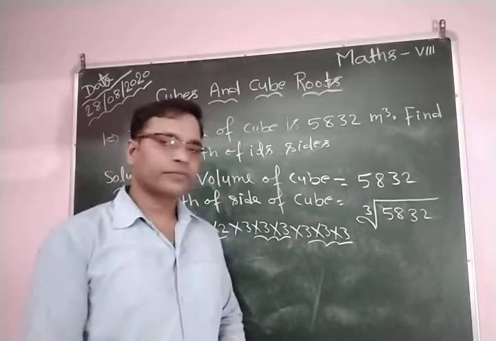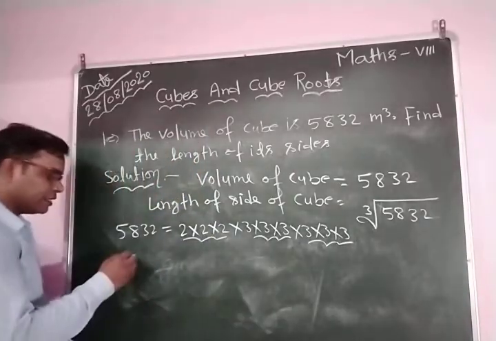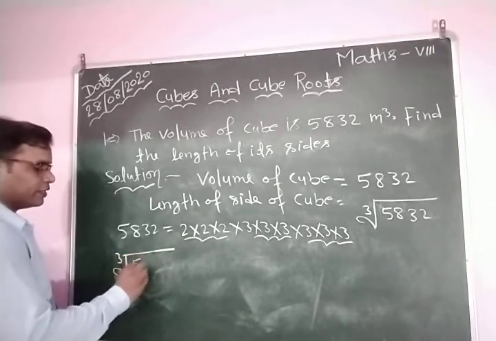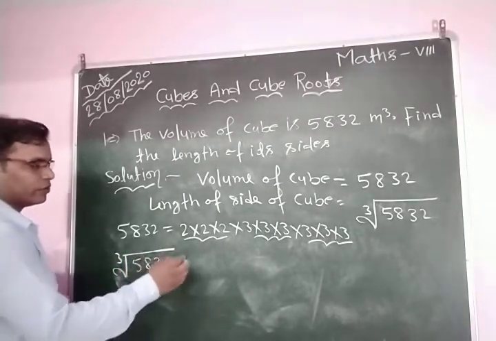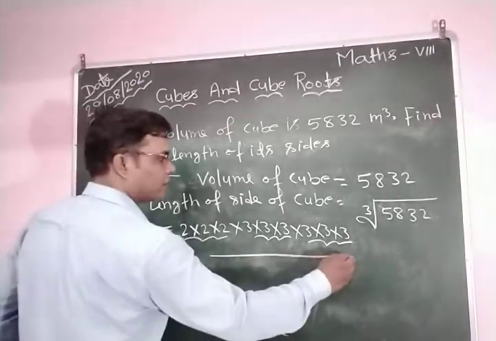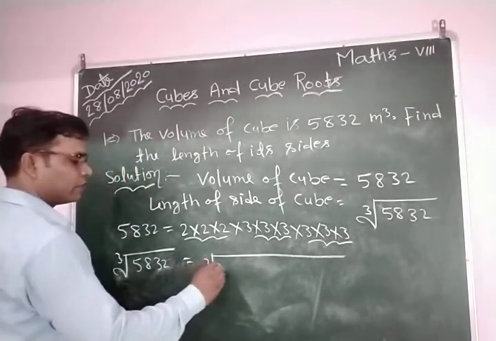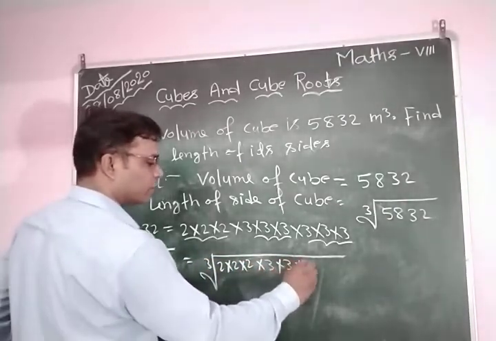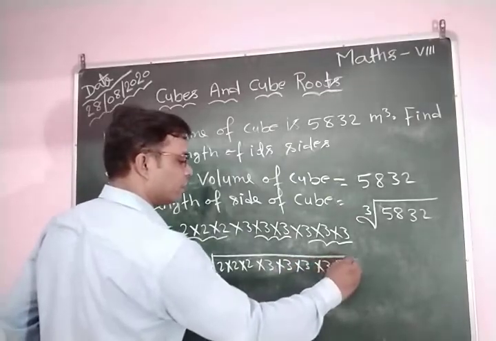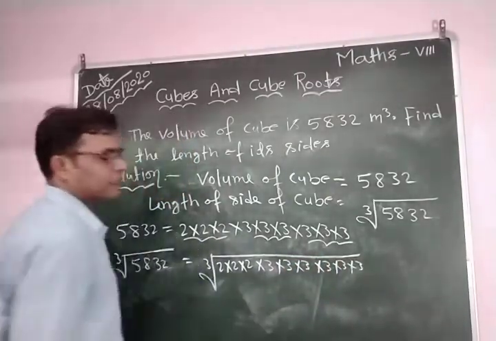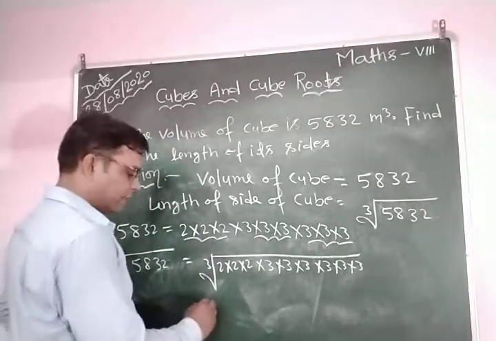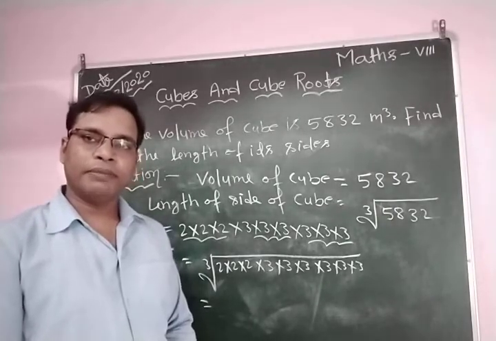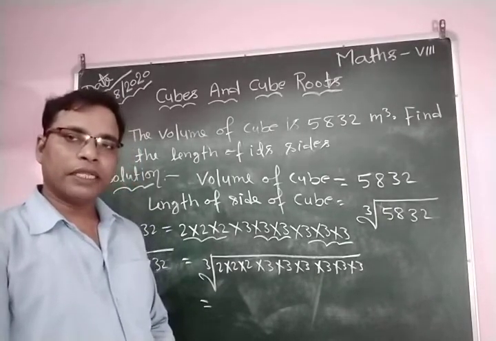Okay, so we find here the cube root of 5832. So this is equal to cube root of 2 into 2 into 2 into 3 into 3 into 3 into 3 into 3 into 3. Clear? And for cube root, we take one prime number from each group triplet.